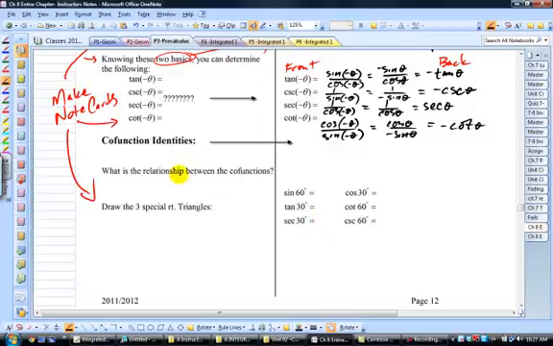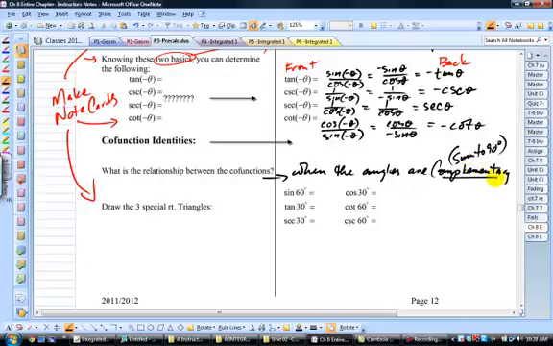What is the relationship among the cofunctions when we're dealing with complementary angles? When the angles are complementary, which means they sum up to 90 degrees.